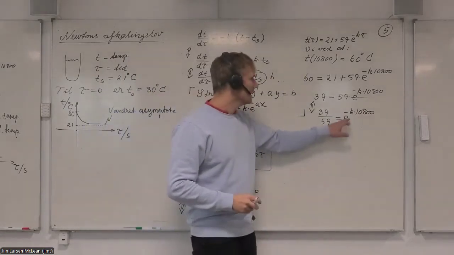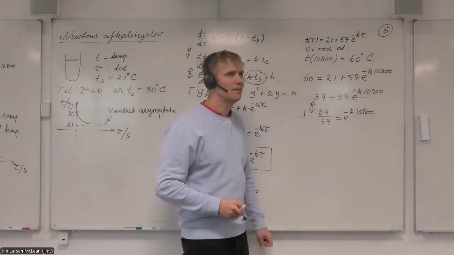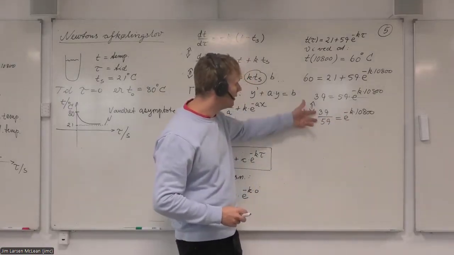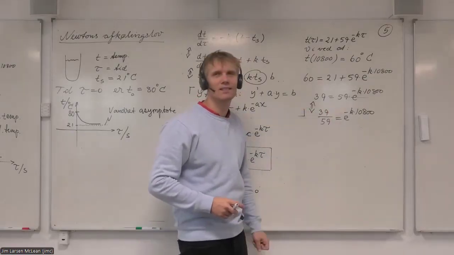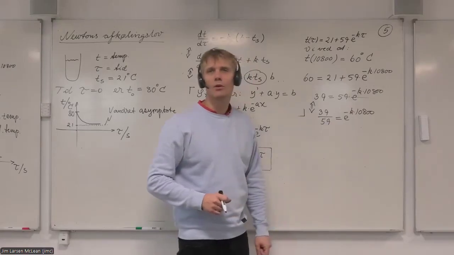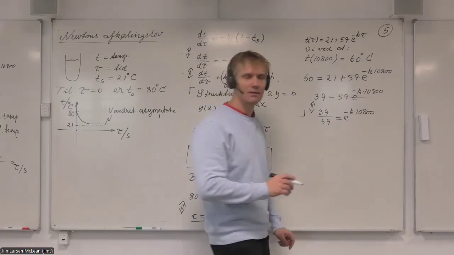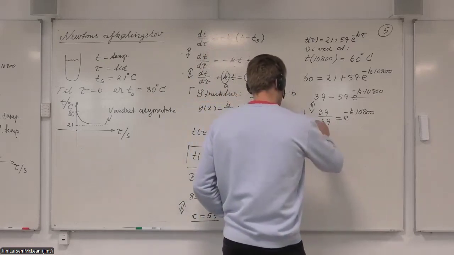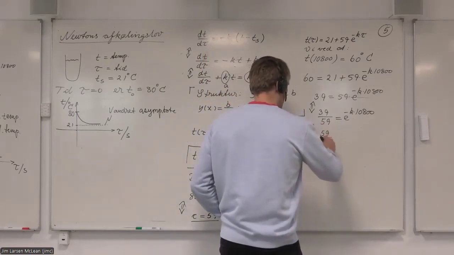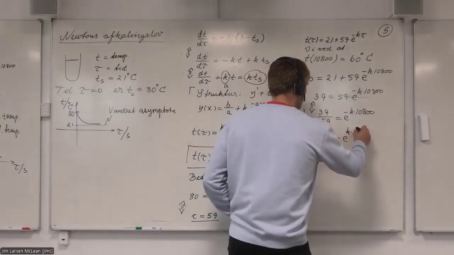There's a smart trick. I'd like to get rid of that minus, so I'll reciprocate both sides. So this fraction is simply flipped, and then the negative sign disappears. e to the negative something is the same as 1 over e to the plus that something. So I have reciprocated that side, and I've reciprocated the other side. Are you following? So now it becomes 59 divided by 39 is equal to Euler's number to the power of k times 10,800.